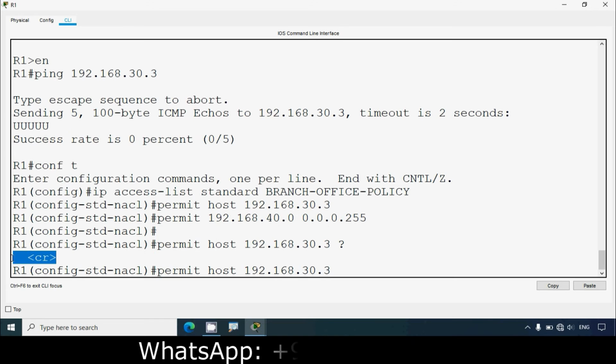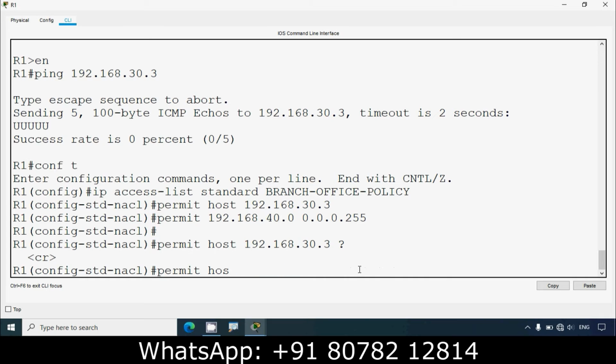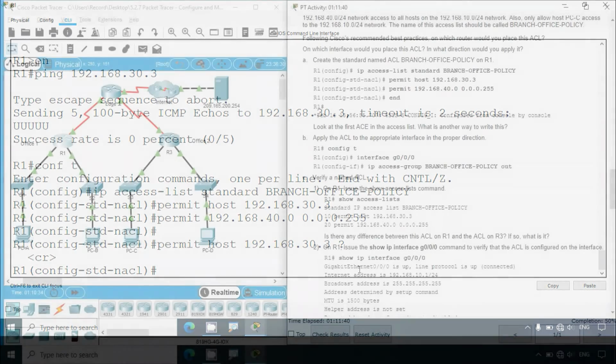Here it only shows enter, but we can even give 0.0.0.0. Anyway, here we are not going to give it because it will be added in the access list. So we can use the command permit 192.168.30.3, then give a space and 0.0.0.0.